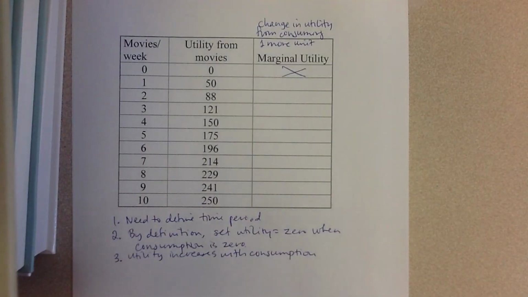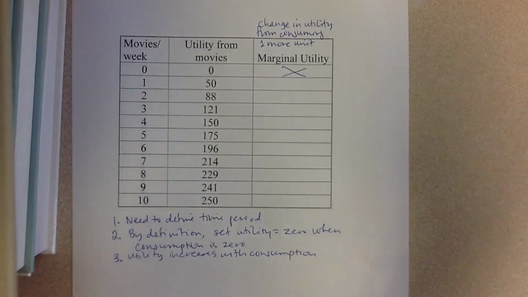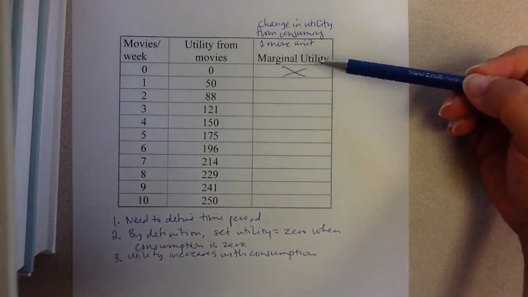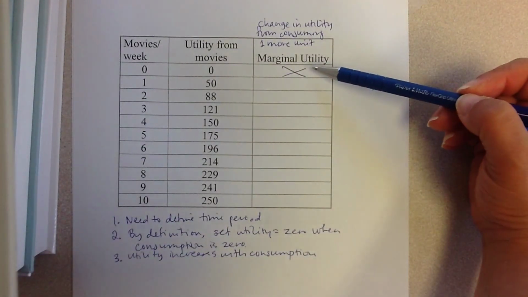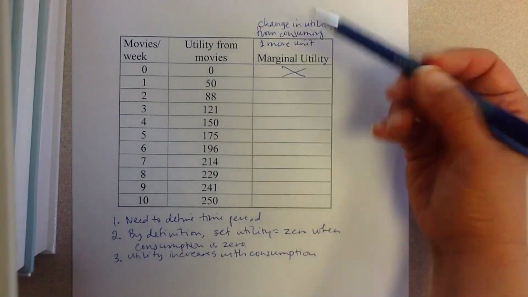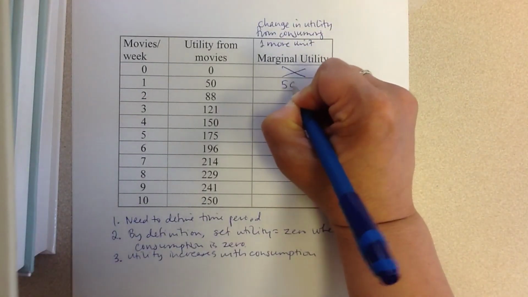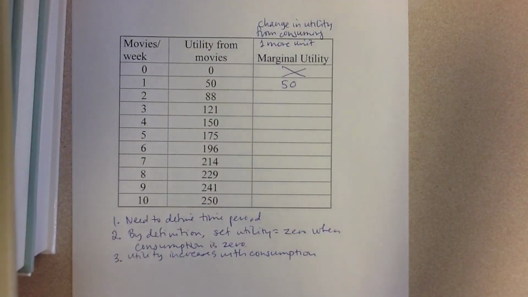We haven't changed anything, so it's not defined there. It's not a number, it's not 0, it's just an X or a blank or a dash. We don't have marginal utility there. The first place we have marginal utility is when we change consumption from 0 to 1, her utility rose by 50 units. So why 50?